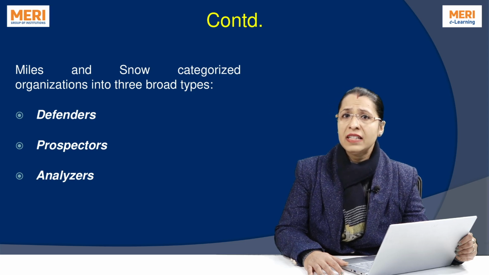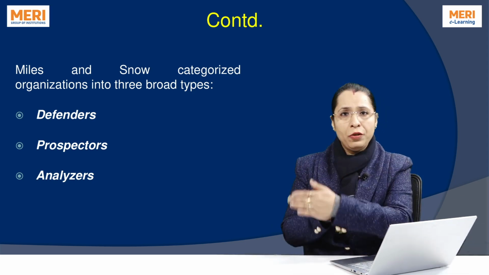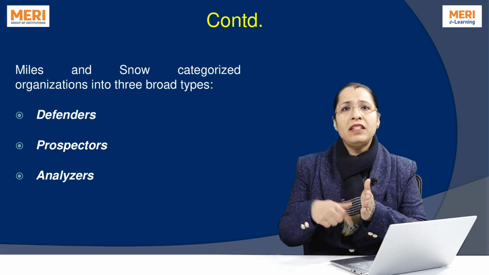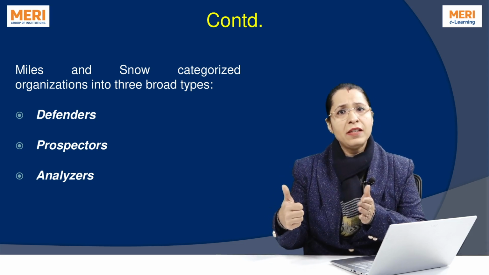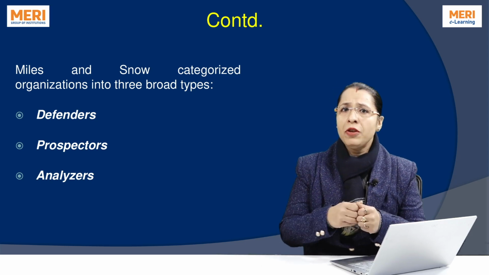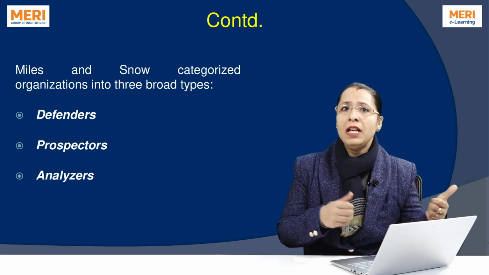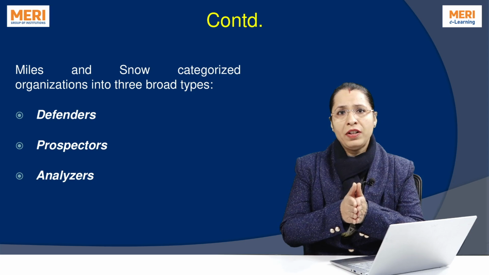Now the third is the analyzer. These organizations strike a balance between stability and innovation. They operate like defenders in stable market areas to maintain efficiency while adopting the approach of the prospector in more dynamic and innovative sectors.